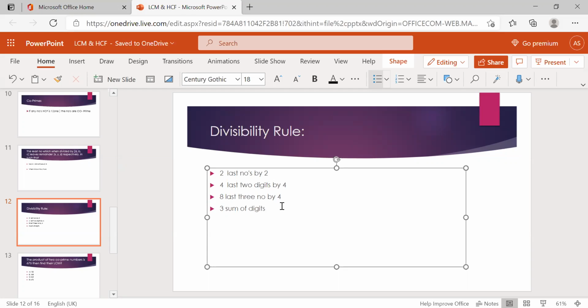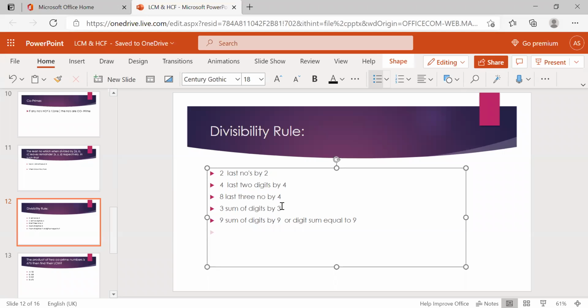The sum of digits should be divisible by 3. And for 9, the sum of digits should be divisible by 9, or the digital sum equals 9.